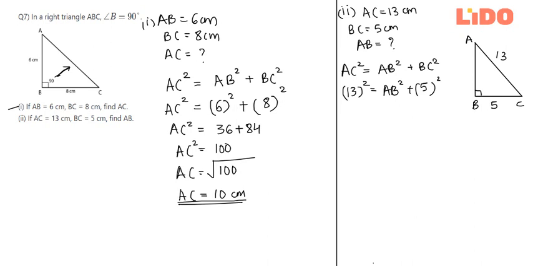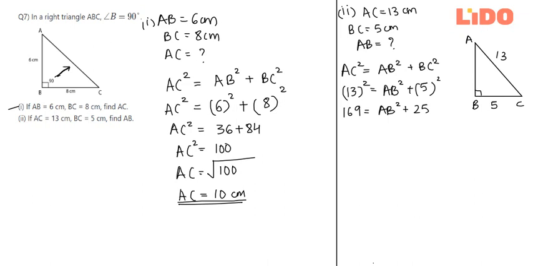First let's find out the squares and write them down. 13 square is 169, equal to AB square plus 5 square, which is 5 5s are 25.